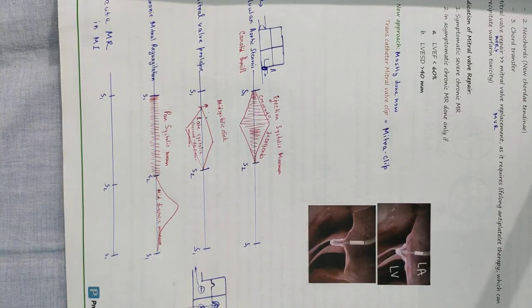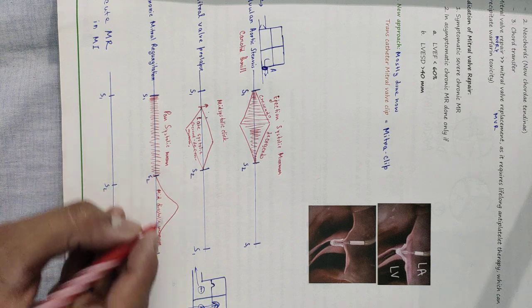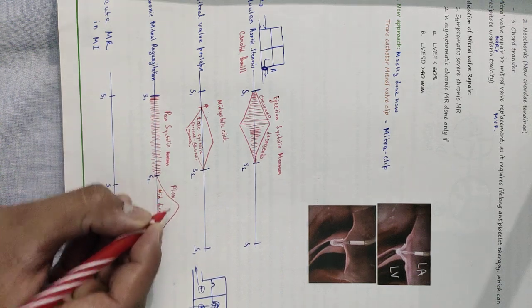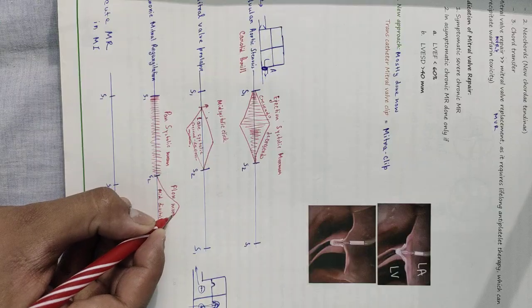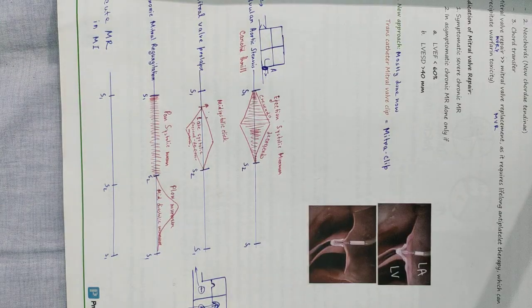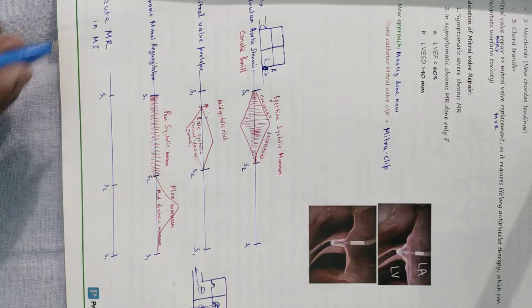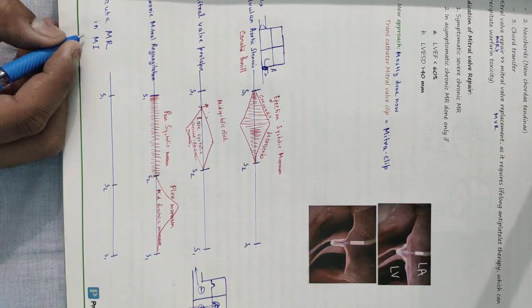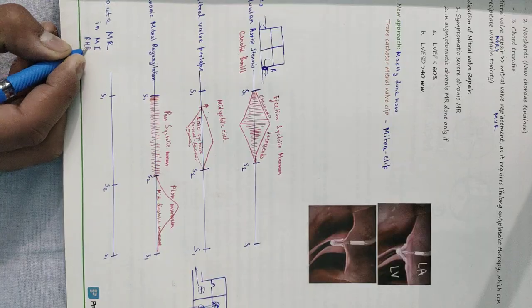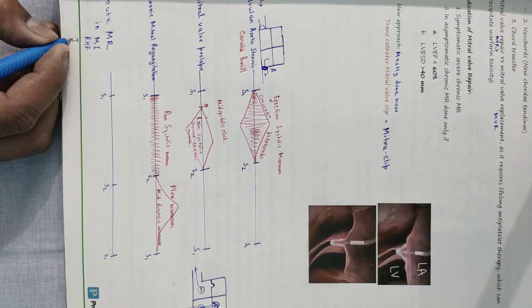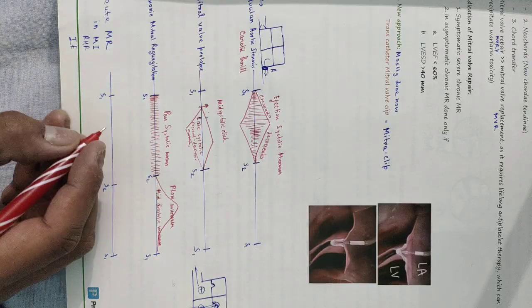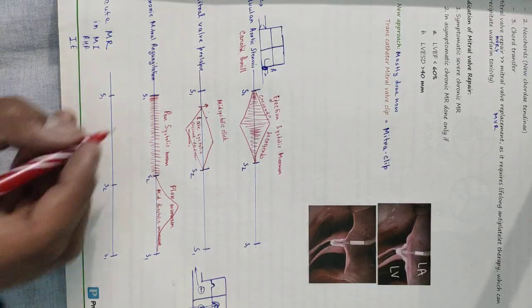Only seen in this particular case, that is chronic MR. It is also known as flow murmur. Then comes acute mitral regurgitation in MI, in rheumatic heart fever, in infective endocarditis. In all of these I have an early systolic murmur.